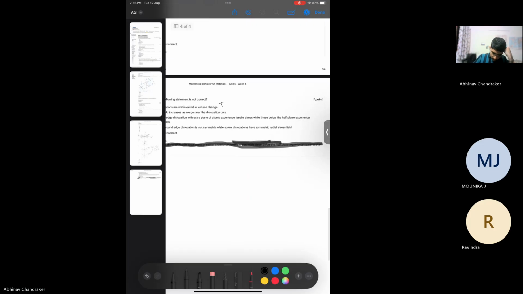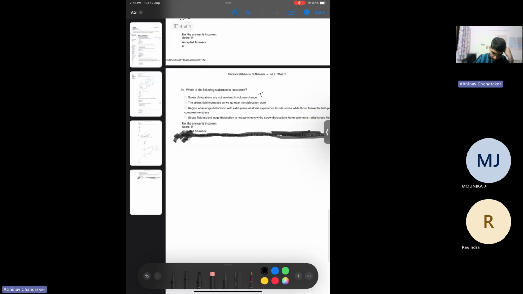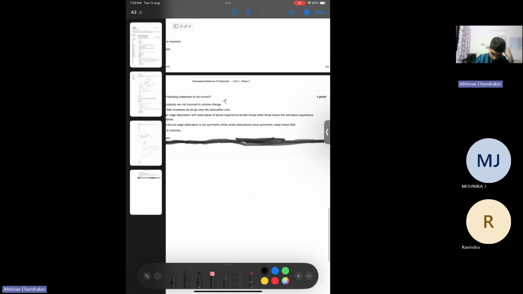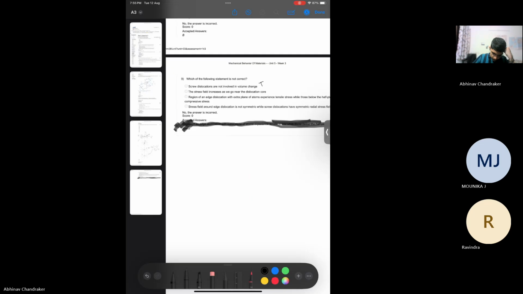Then, the region above the edge dislocation, the region with the extra plane, experiences tensile stress. No. Below the half plane experiences compressive stress. No. Because if you have this kind of extra half plane, you need to draw this well to understand. If you have these planes, there is this extra plane in between. Because of this, there will be slight stretching of bonds around this dislocation line.